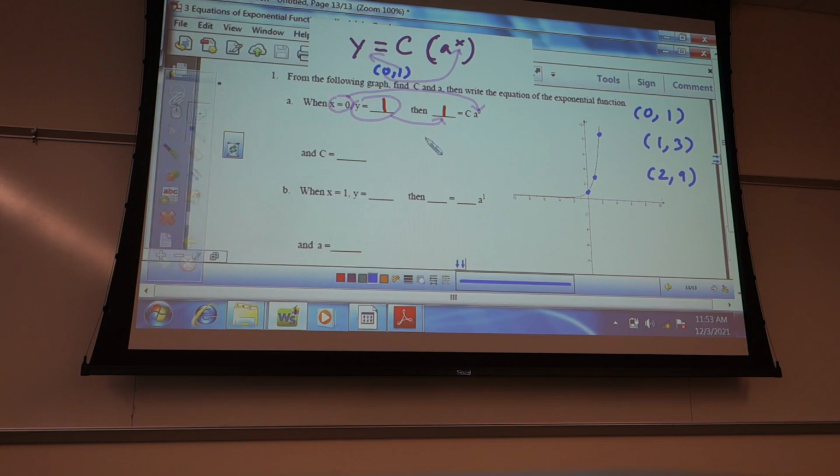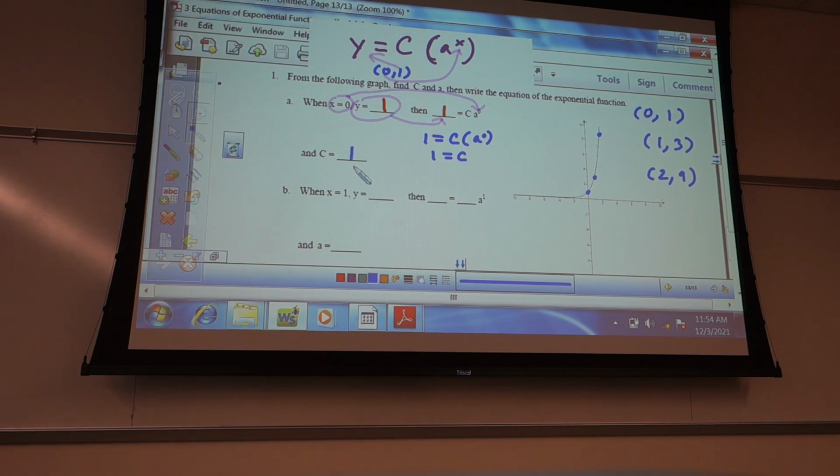So then I have 1 equals c times a to the 0 power. What's a to the 0 power? 1. So everyone agree with that? So 1 equals c times 1, which is just c. So c is 1.